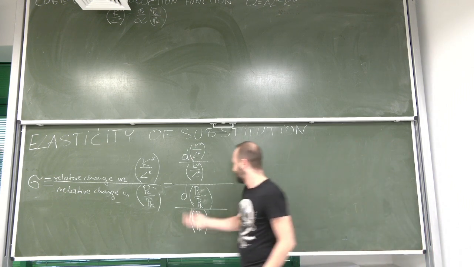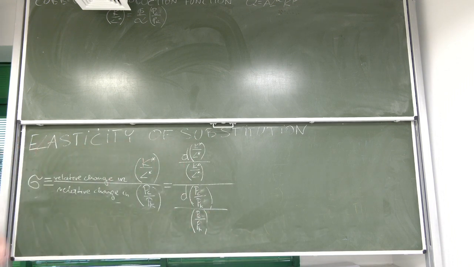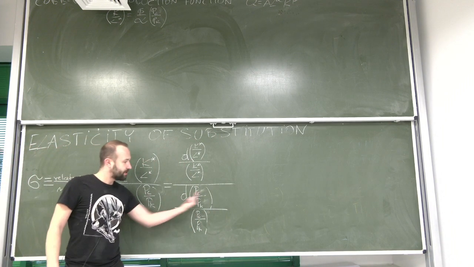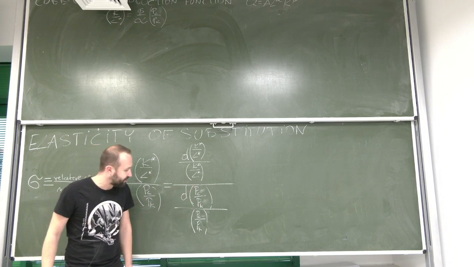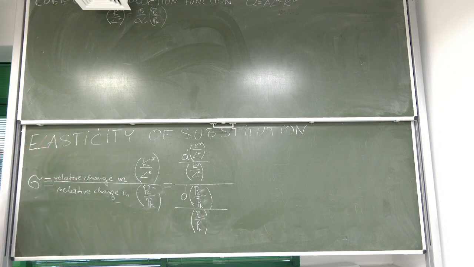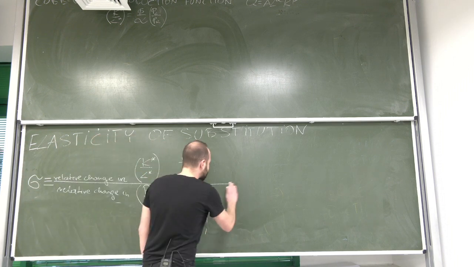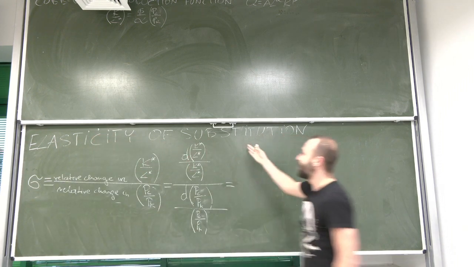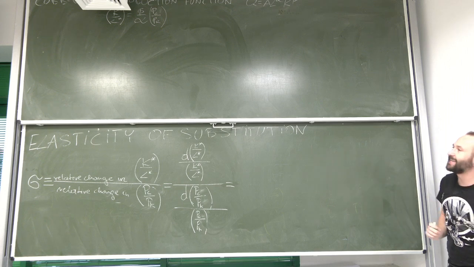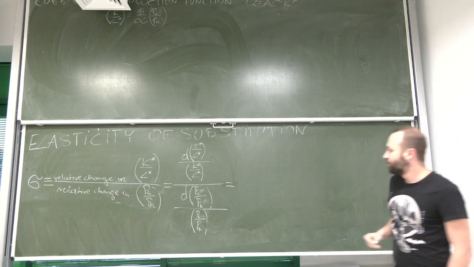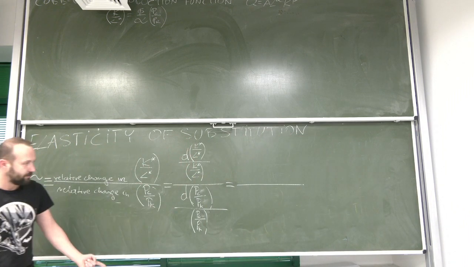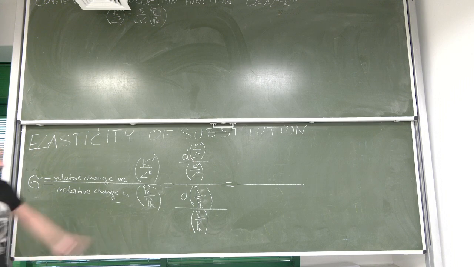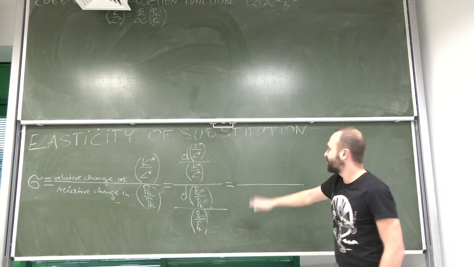And similarly, relative change in price ratio is the differential of price of labor to price of capital divided by the ratio of price of labor to price of capital. And look, very similarly to what we did previously, again, we can express this as a ratio of two functions. So look, if I multiply it all out, I'm going to find out that on the top, I'm going to get a marginal function.